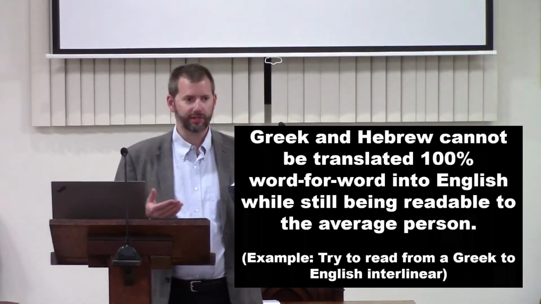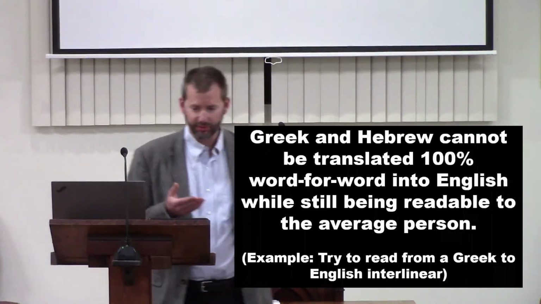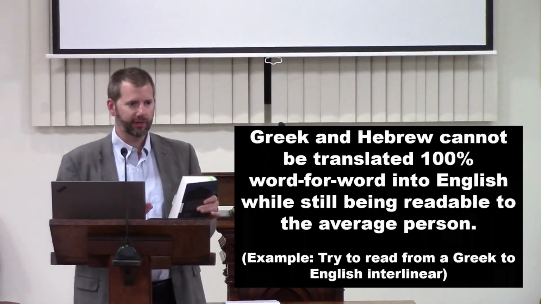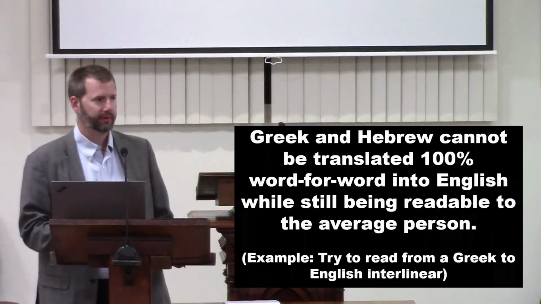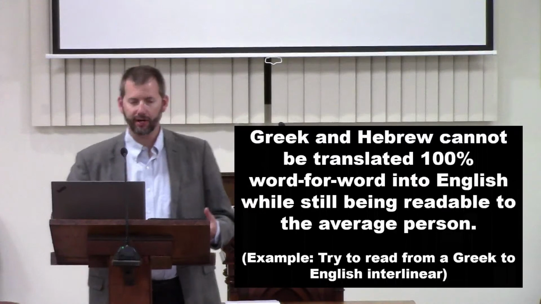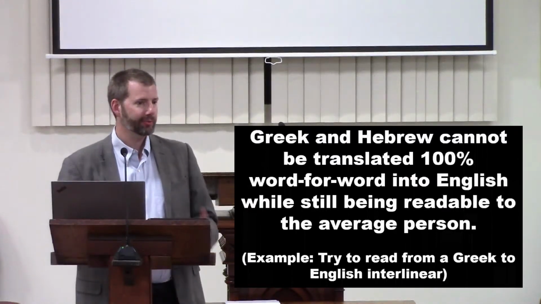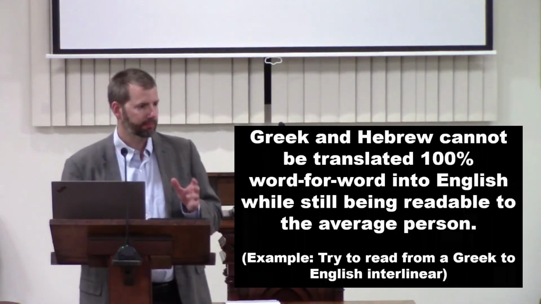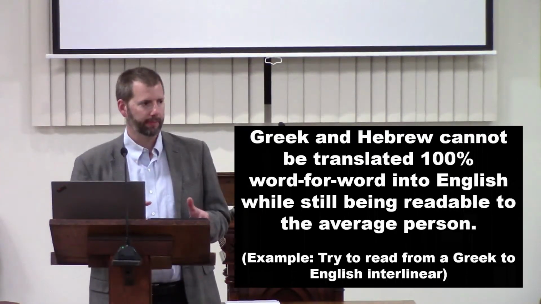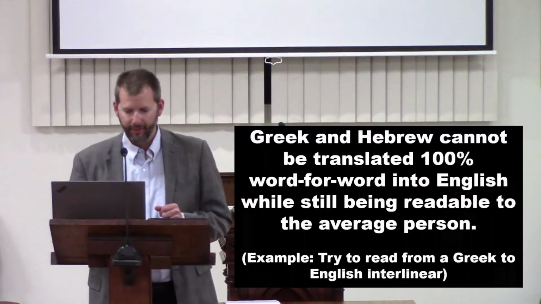We have a particular sentence structure that we use in English, but it's different than what the Greek used. So, any of our translations, no matter how literal they try to make it, in order to be readable in English, can't be 100% word for word.